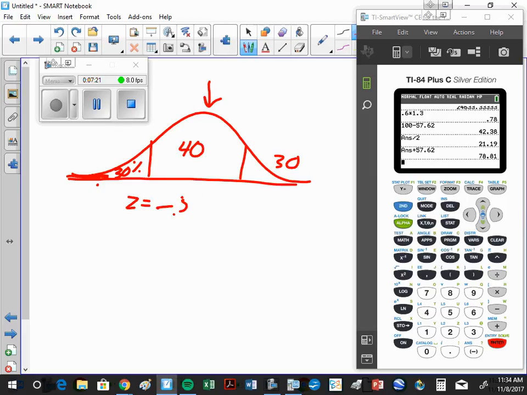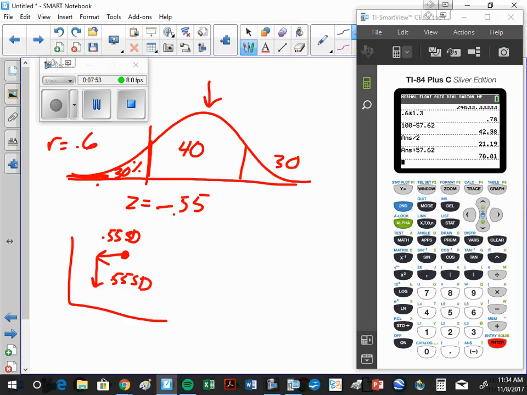negative 0.55. Right? Because we're on the left. Okay? And we want to know what their GPA percentile rank would be. So what we have here is my point of averages, and I'm going to go left 0.55 SDs, which means I'm going to go down 0.55 SDs times my R is 0.6.